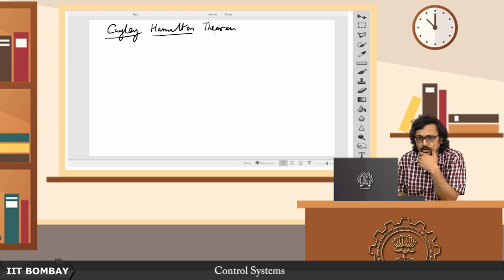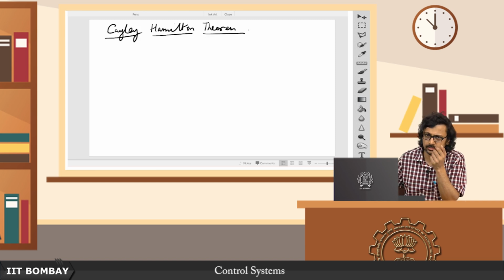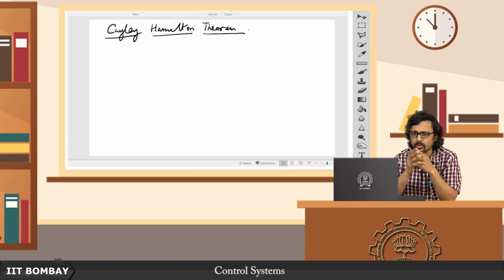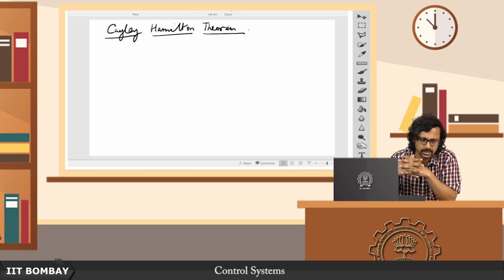So I will again not get into something called Faddeev's algorithm, there are several other methods of evaluating this matrix exponential, again for time constraints, and because this is an undergraduate course we will not launch into all those methods. There are several numerically efficient methods, we will not get into that, we will only go for these methods that are grounded in solid theory where we can get some analytical results out of them.